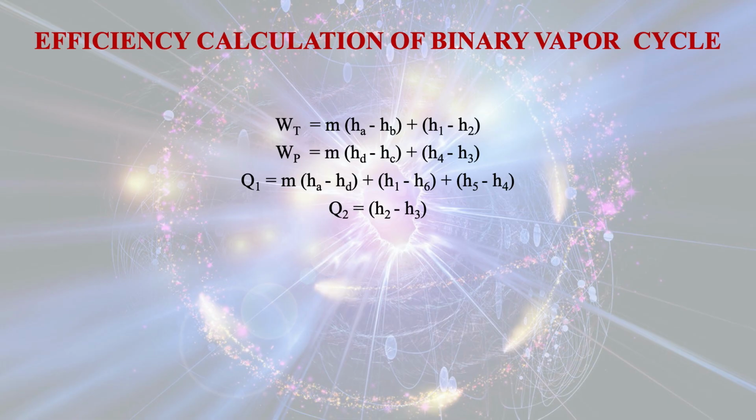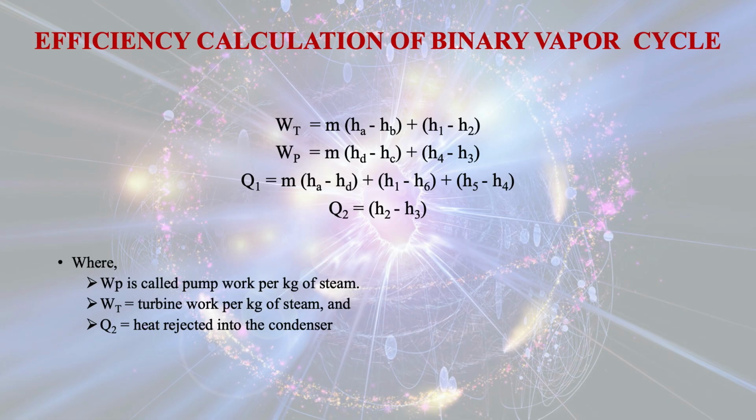Q2 is the heat rejected in the condenser of the steam turbine, that is equal to H2 minus H3. Now we know very well that WP is the pump work per kg of steam, WT is the turbine work per kg of steam, and Q2 is the heat rejected into the condenser.